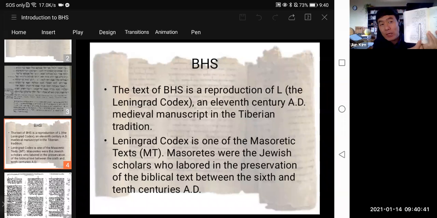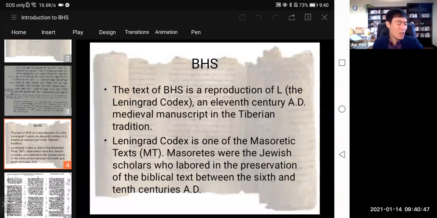It's not just about Hebrew letters, right? Can you see the margin? There is a lot of information. They really carefully tried to preserve the Bible, although they knew that there was an obvious mistake. In the process of writing and copying the manuscript, mistakes could take place.